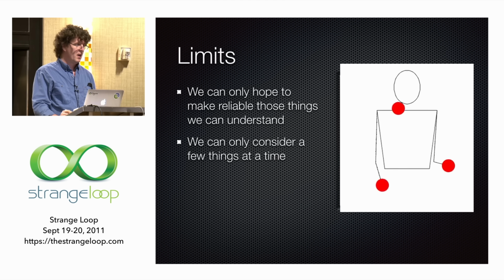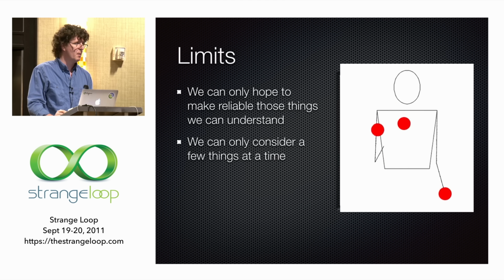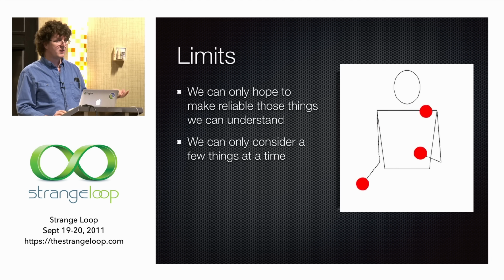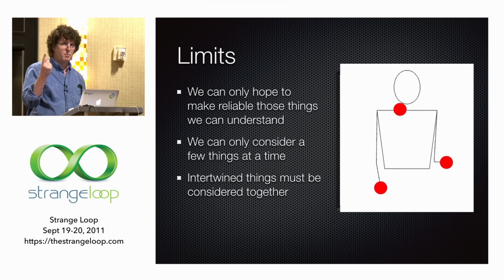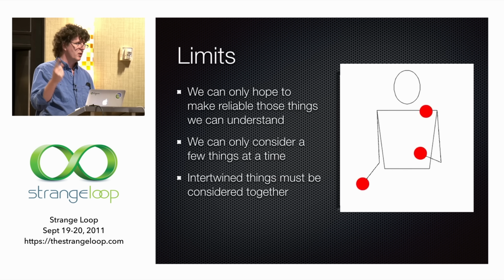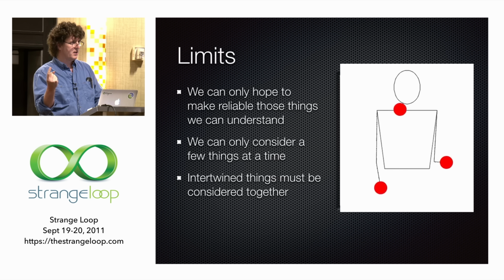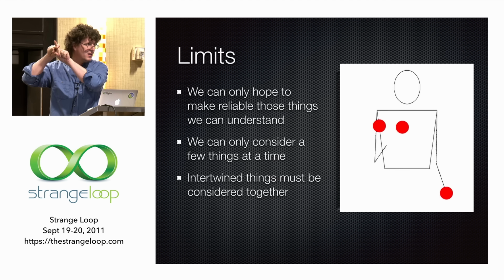There's the whole notion of how many balls can you keep in the air at a time, or how many things can you keep in mind at a time. It's a limited number, and it's a very small number. So we can only consider a few things, and when things are intertwined together, we lose the ability to take them in isolation. If every time I pull out a new part of the software I need to comprehend, it's attached to another thing, I have to pull that other thing into my mind because I can't think about the one without the other.